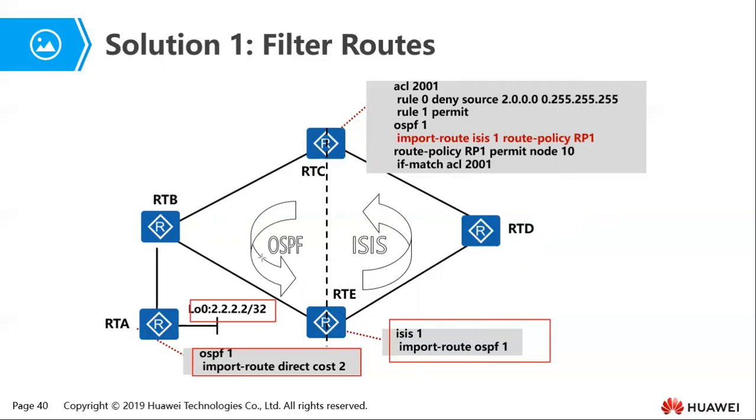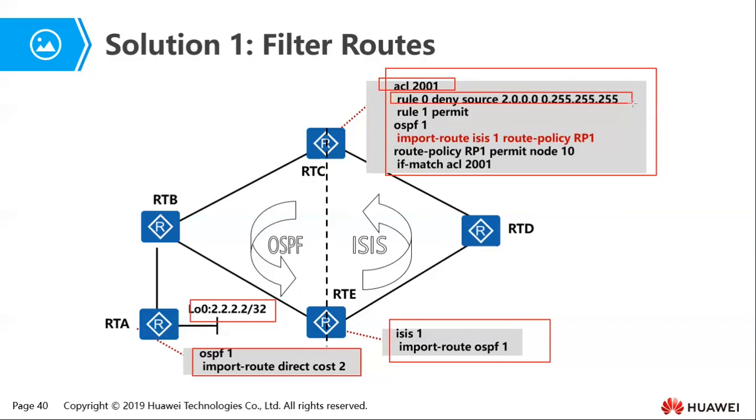We've imported routes from this guy to this guy. But now here, we need to exclude certain networks. So how do we do that? We create an ACL. Then we do rule 0, deny that source, and rule 1, permit any other. So we are denying anything that is coming from this network.